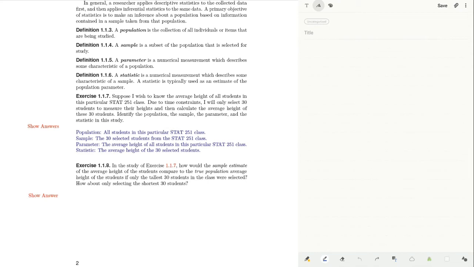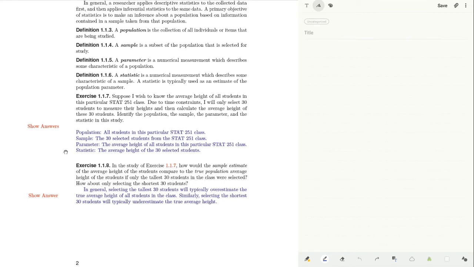And how about only selecting the shortest 30 students? Well, unless all of the students' heights are the same, selecting the tallest 30 students would generally overestimate the true average height, and selecting the shortest 30 students would generally underestimate the true average height.